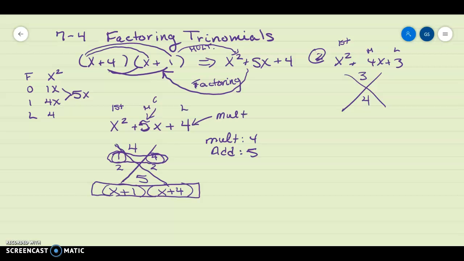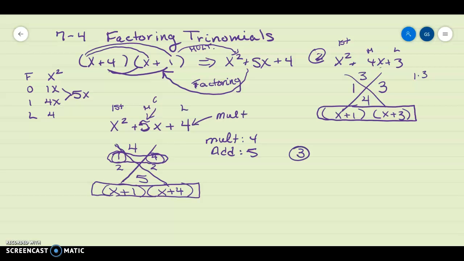And now I'm going to think of all the factors of 3. So you have 1 times 3. Oh, you only have 1 times 3. That's because it's a prime number. So 1 and 3, when I multiply them, I get a 3. And when I add them, 1 plus 3, I get a 4. Therefore, my factors are x plus 1, x plus 3. That is the factored form of the trinomial x squared plus 4x plus 3.